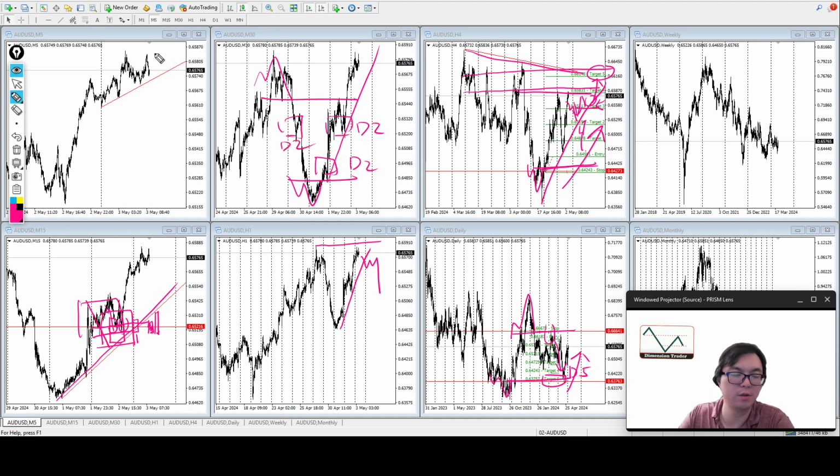Today at New York close, we might have a little bit of a price bounce after the trend line break. So this is the time when the New York session closes and we're heading to the Asian session.